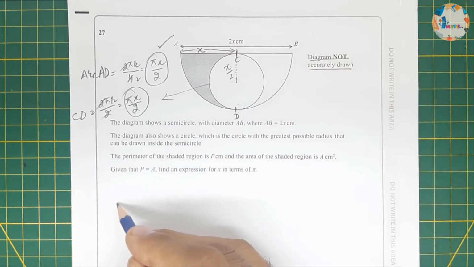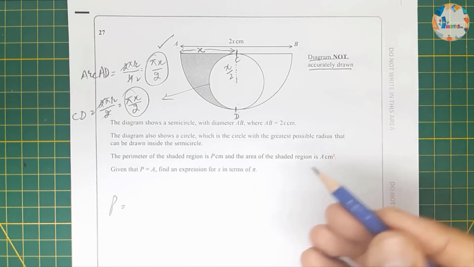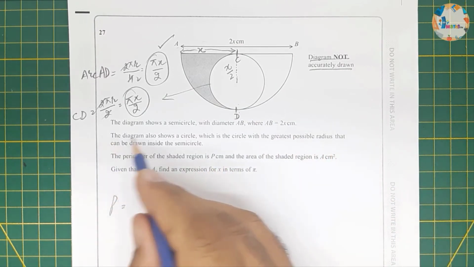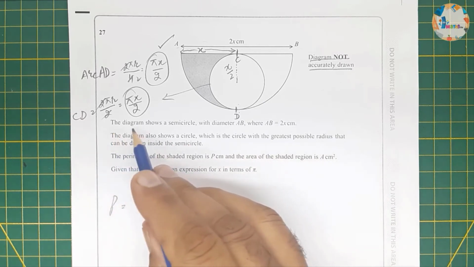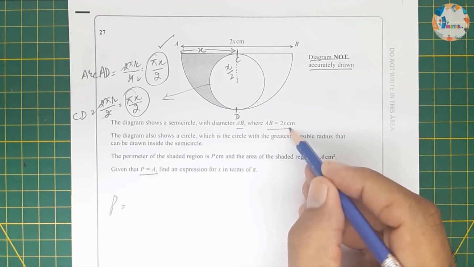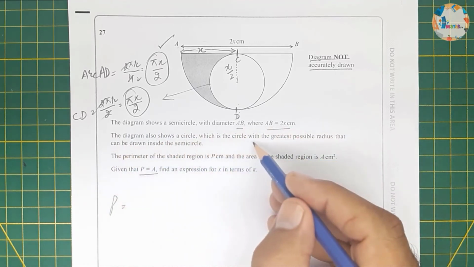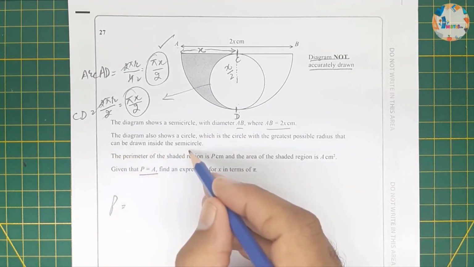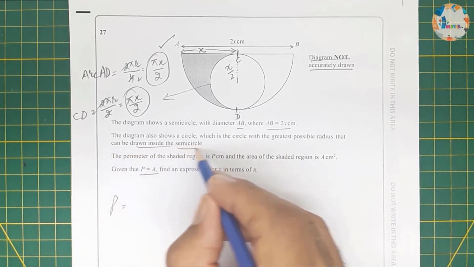So perimeter we can write. First of all, I will write perimeter. They have given in the question, for example, perimeter is equal to P. Quickly I'll go through the question so that you can understand. The diagram shows a semicircle with diameter AB. AB is equal to 2x. The diagram also shows a circle, which is the circle with the greatest possible radius that can be drawn inside the semicircle.